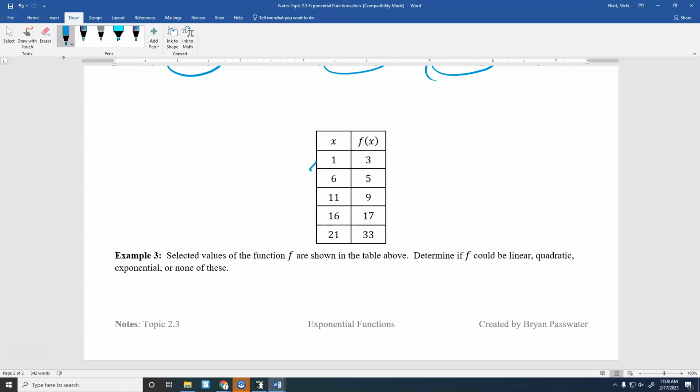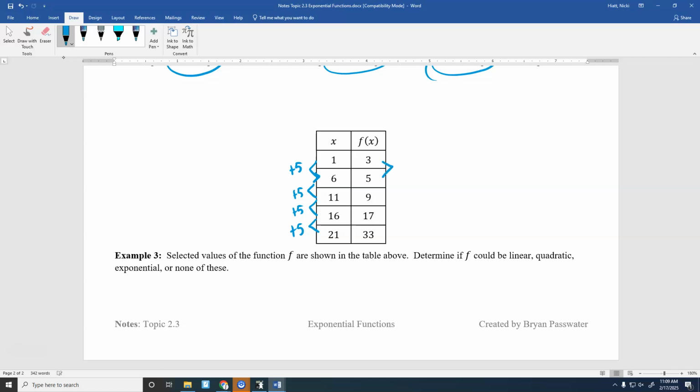When you look at the x values, this x value goes up by 5, up by 5, up by 5, up by 5. So we are increasing by equal length values. That means we can look at what's happening to our y coordinates without having to consider the x coordinates. If that is not the case, then it's going to be even more complicated.